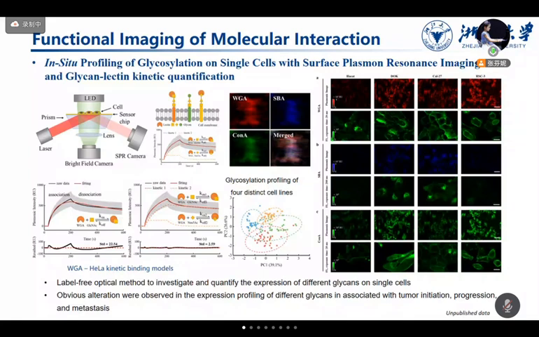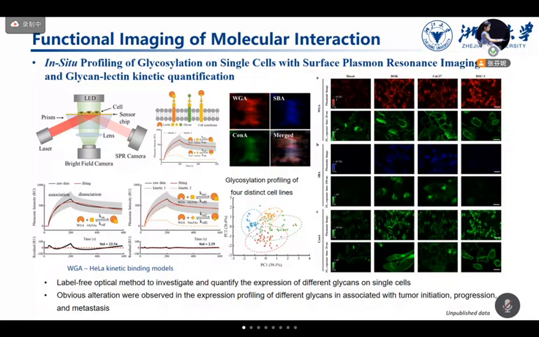And we observe very different patterns of glycan expression. Right. So with this method, we have another choice, not the best method, but another choice. We can use fewer targets, use fewer probes, and without labeling, we can map the distribution of the glycans on the cell surface, for cancer cell detection and for cancer status validation.